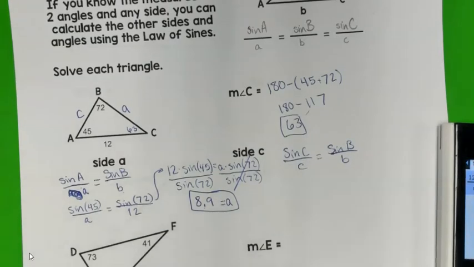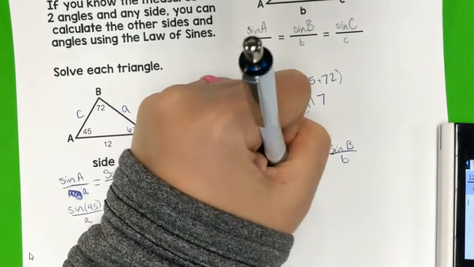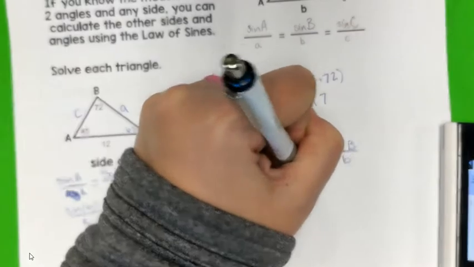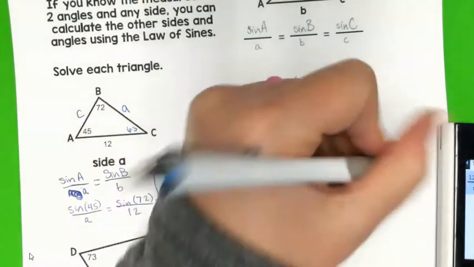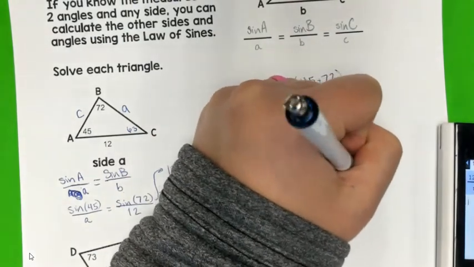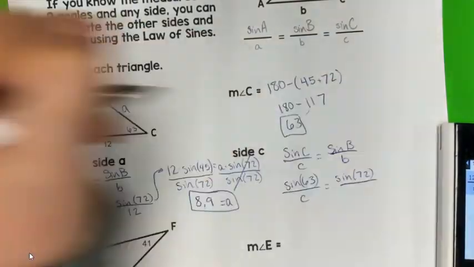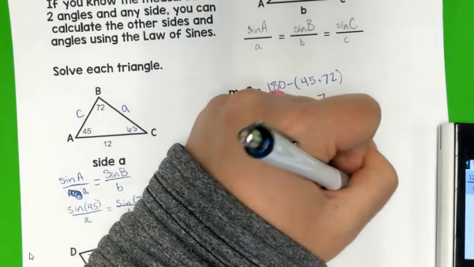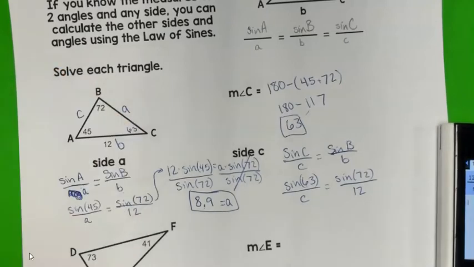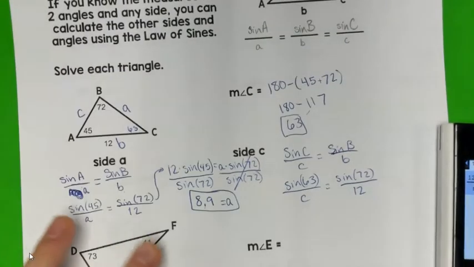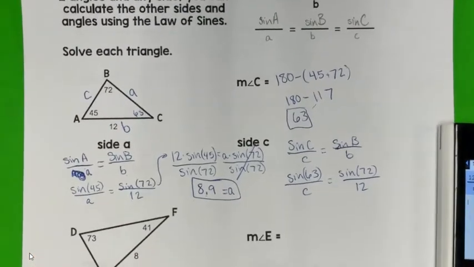Okay. So we know that C is 63 degrees, so sine of 63 over C, that's what we're looking for, and then sine of 72 over 12. So my side B is 12. I'll go ahead and label that there. It might make it easier to see where this stuff is coming from.